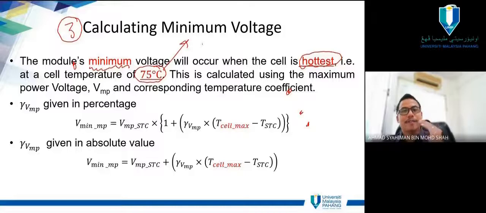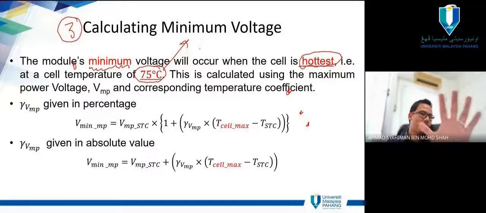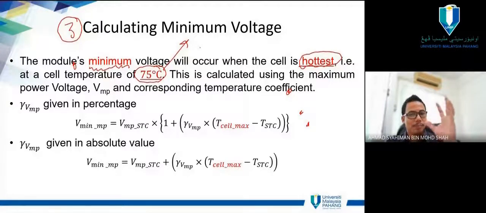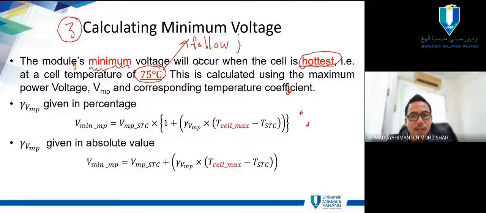Don't ask me why they don't use 80 or 70. So they just fix 75. Maybe the highest cell temperature ever recorded in nature, most cases 75 maybe, in Negeri Sembilan for example, in Jelebu for example. So kita follow je lah.